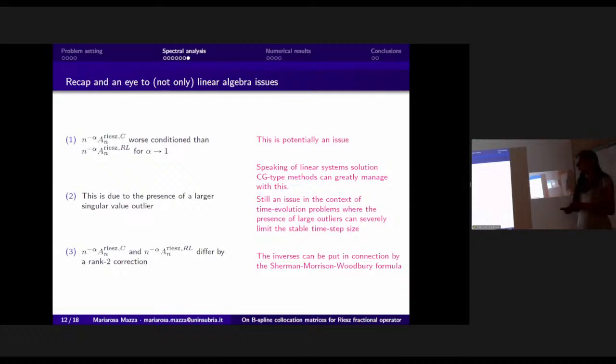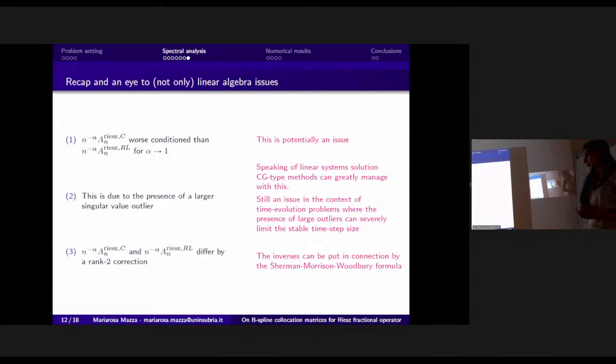And that's because now we know that this ill-conditioning is due to the larger part of the spectrum. On the other hand, this could still be an issue in the context of time evolution problems, where the presence of large outliers could severely limit the choice of the time step size.